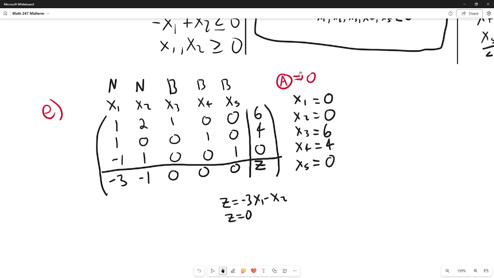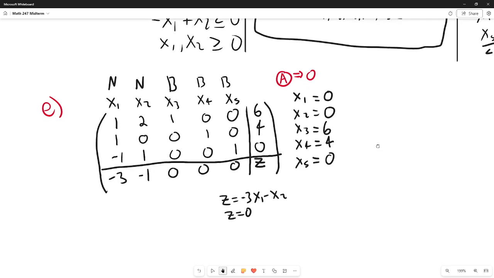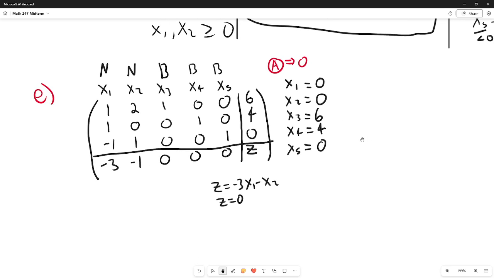So that's how we found the first solution. But this is not the optimal solution. We know we're at the optimal solution when we have non-negativity in our objective function. Here we have a -3 and a -1, so we are not optimal.